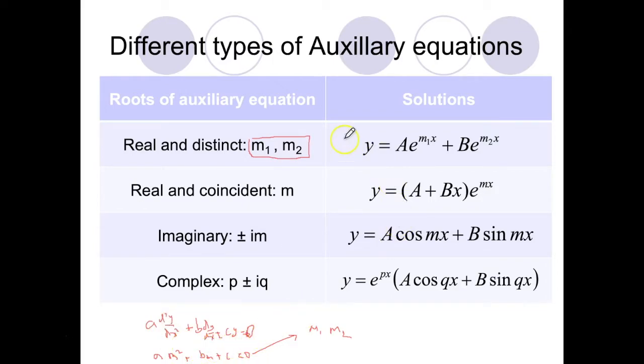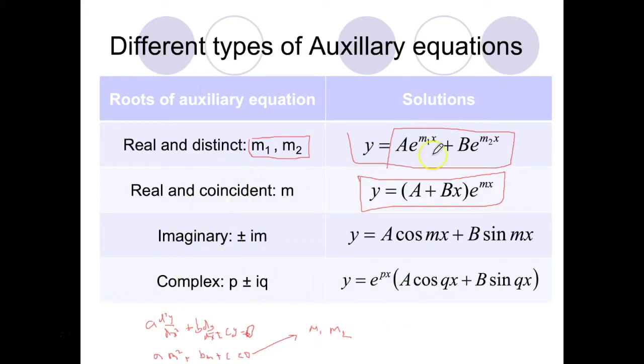then the general solution to this equation will be a e raised to the power m1x plus b e raised to the power m2x. And if the roots are real and coincide with each other, meaning you have two equal roots, then you have y equals a plus bx times e raised to the power mx, where m is the repeated root.